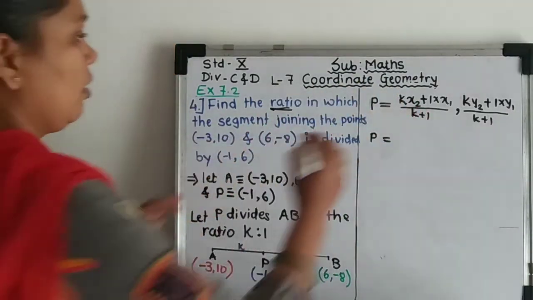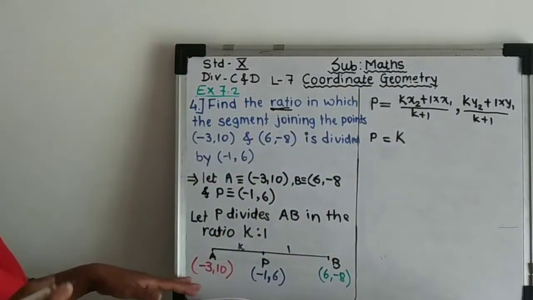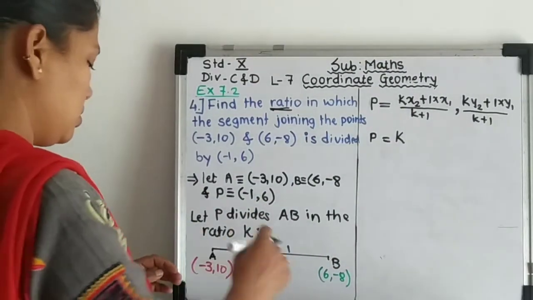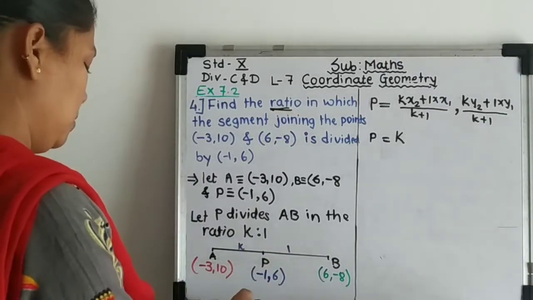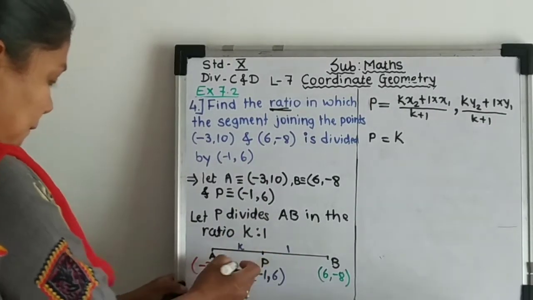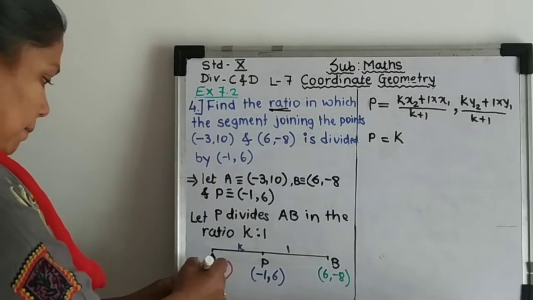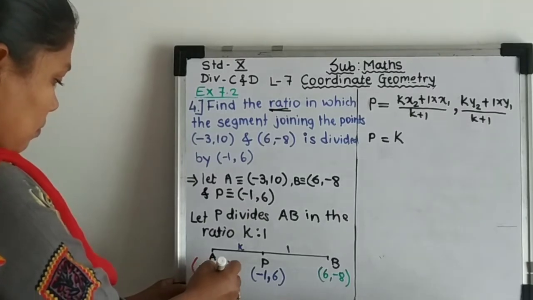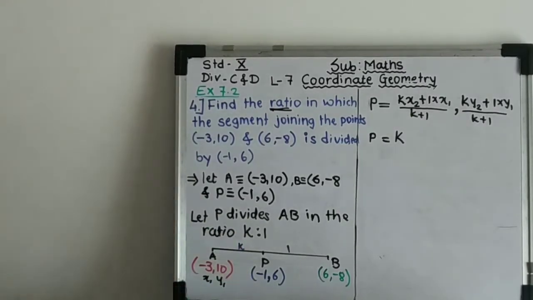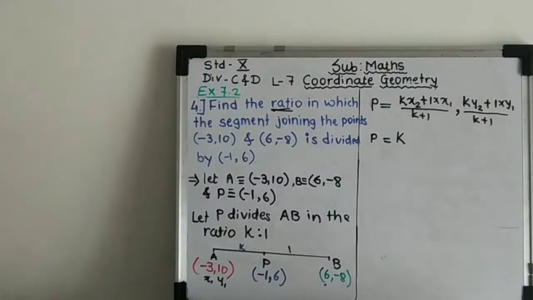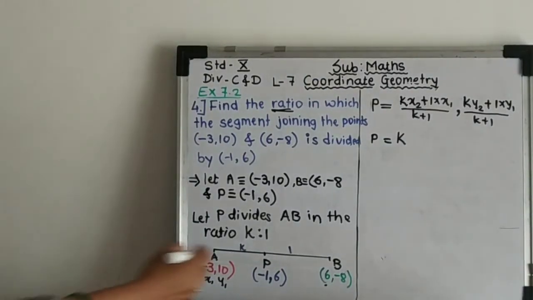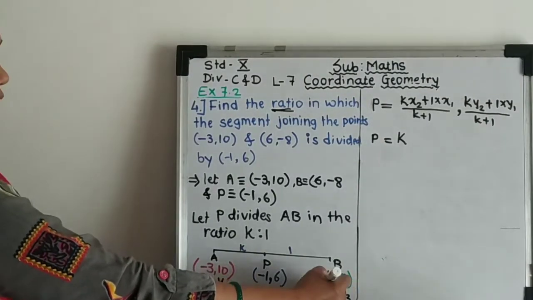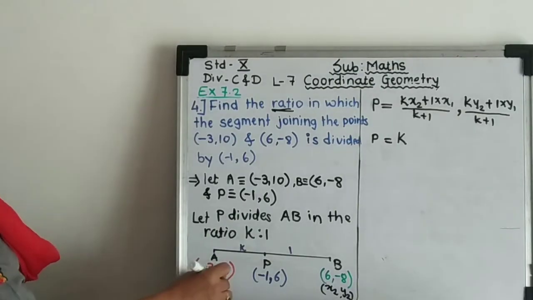Right? k will write as it is. x2 is what? Here. x2 y2 written and x1 y1.